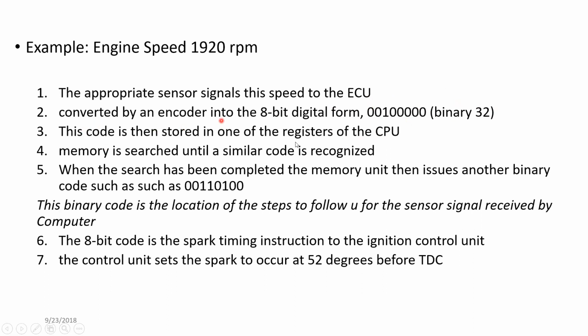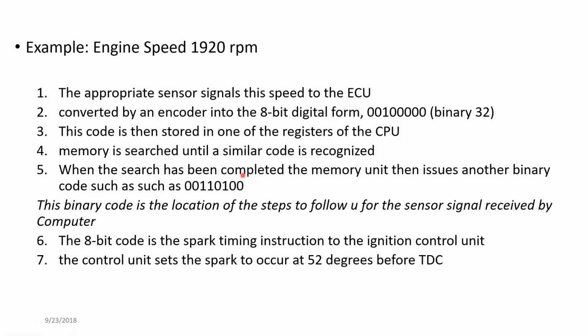Once it's stored there, memory checks all the lookup table until it finds the similar code. Once the similar code is found, it issues another binary code such as this one, which in this case was the one available for this particular ignition advance.